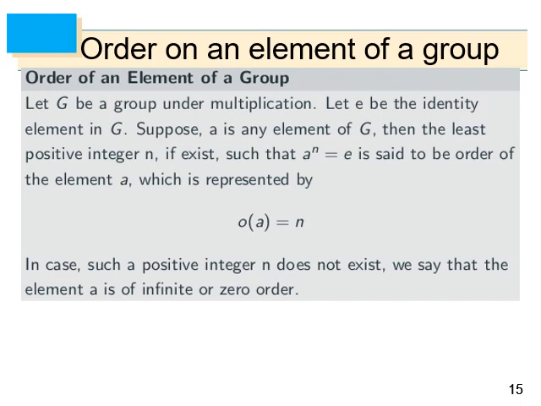Let E be the identity element of G. Suppose A is any element of G. Then the least positive integer n, if it exists, such that A to the n equals E is said to be the order of the element A, which is represented by order of A equals n.